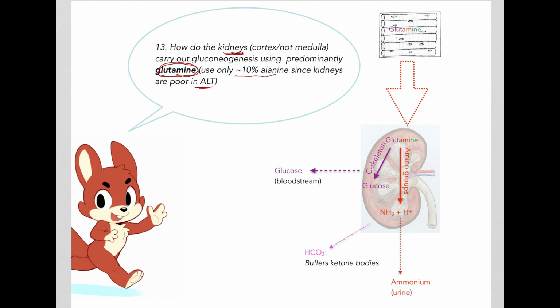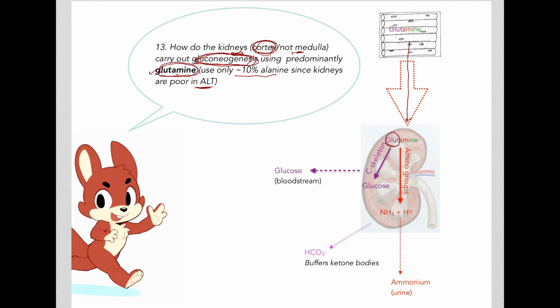The cortex part of the kidneys, not the medulla, does carry out quite a bit of gluconeogenesis. In fact, it might be one of the major organs for gluconeogenesis, and it uses predominantly glutamine. So glutamine from the skeletal muscles and elsewhere will enter the kidneys.